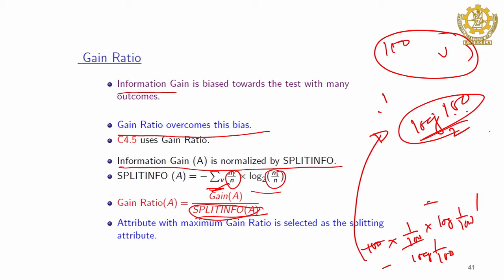So, as you see it is log 100, and let us say you took the roll number and then you had 100 partitions, you got some gain, which is 1 divided by log 100 to base 2. Let us say we divide by close to 6, 6 point something.